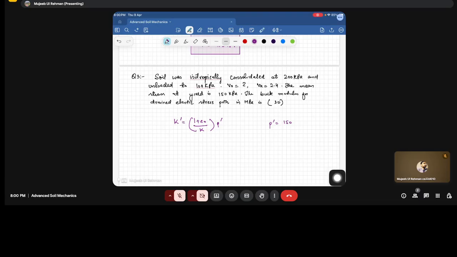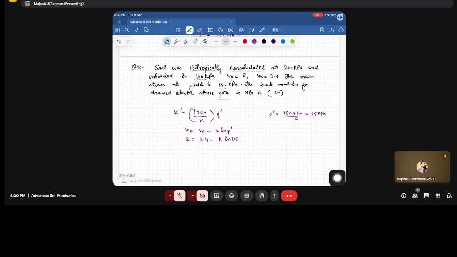Just now we studied that this P dash can be considered as the average of the yield stress and unloading point, 150 plus 100 divided by 2, 125 kPa. Fine. Now V is equal to Vk minus kappa times ln of P dash. V is 2, Vk is 2.4 minus kappa times ln of 125. Corresponding to this P dash, V is given as 2 and for 1 kPa Vk is 2.4.